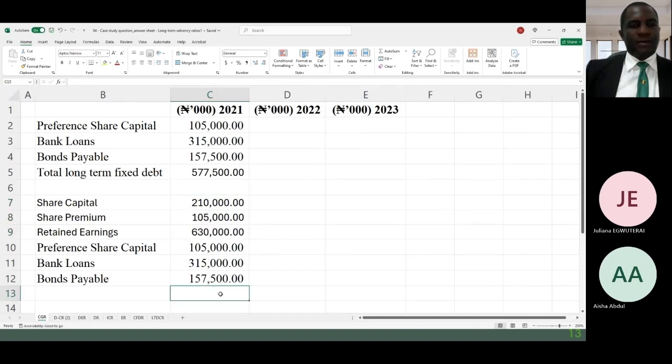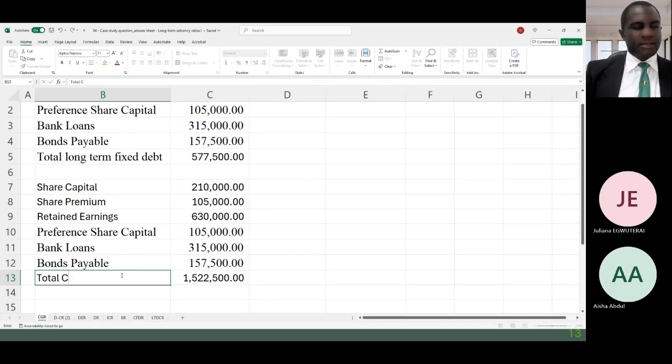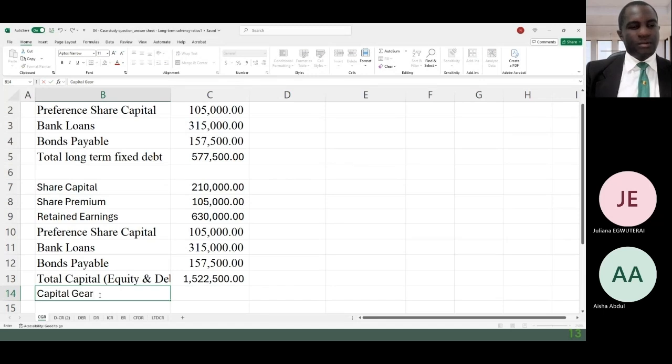Okay, so I now have the total of the capital, which includes equity and debt. That's the total capital, which is 1,052,500,000. So what is our capital gearing ratio now?